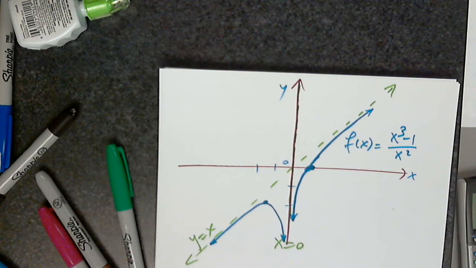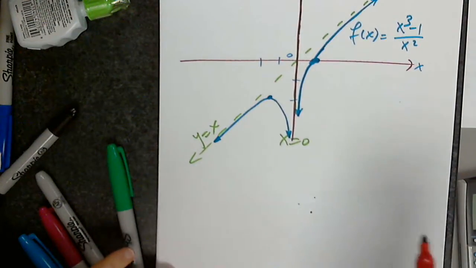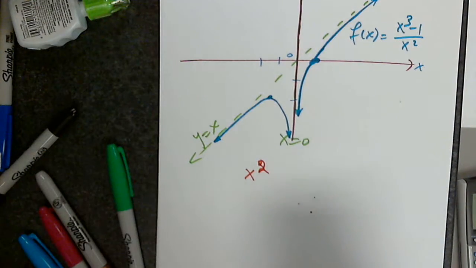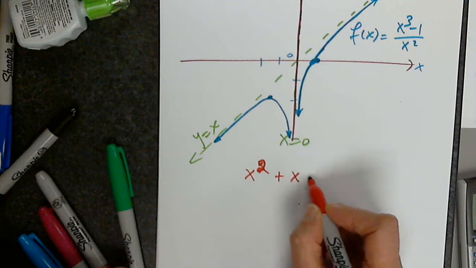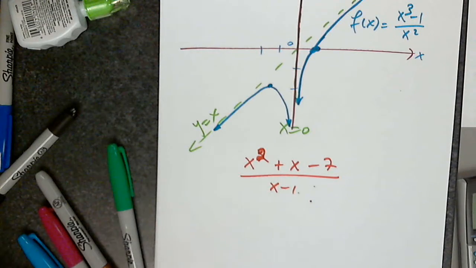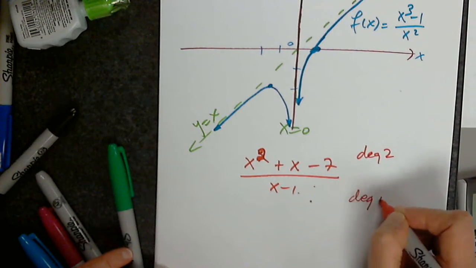When do you do synthetic division and when do you make y equal x? Very good. I do synthetic division when the denominator is like x plus or minus a number. So, for example, if I have x squared plus x minus 7 divided by x minus 1, this function will have a slant asymptote because the top has degree 2 and the bottom has degree 1.